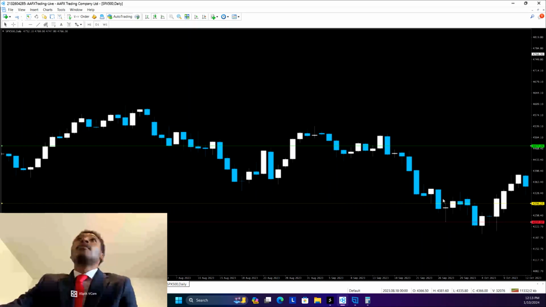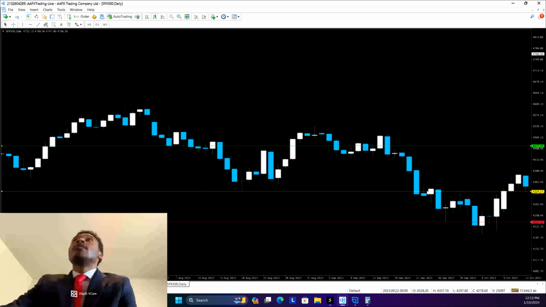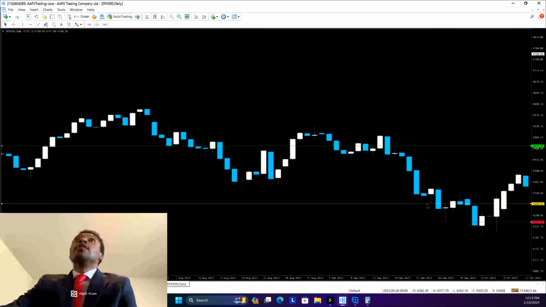And so this support low that I just had marked, and what I mean by one candle, it's only one candle and it barely closed over. And so that's just something you have to pay attention to.